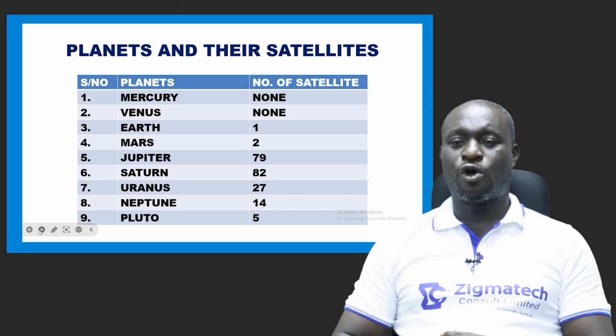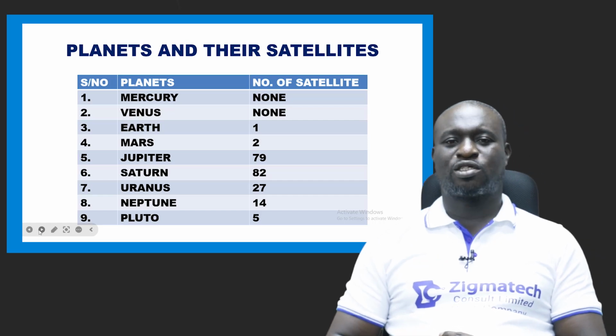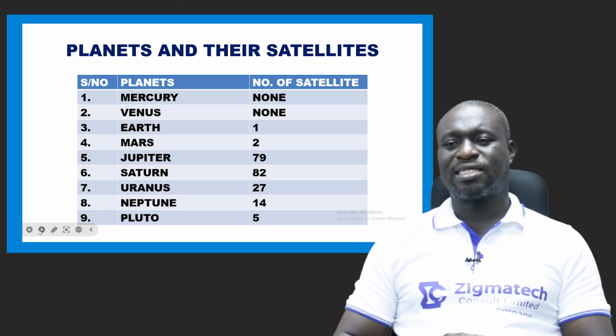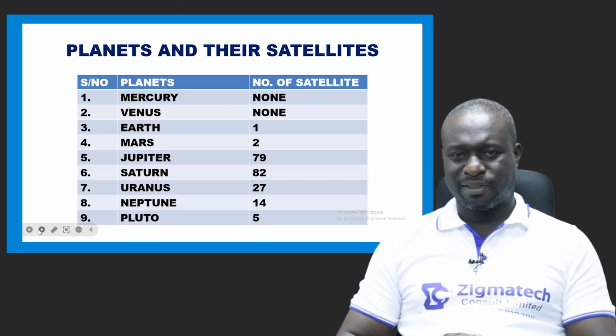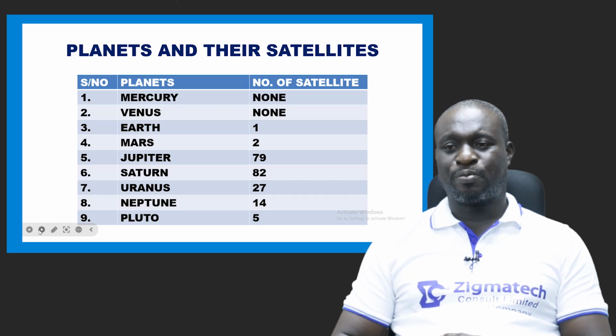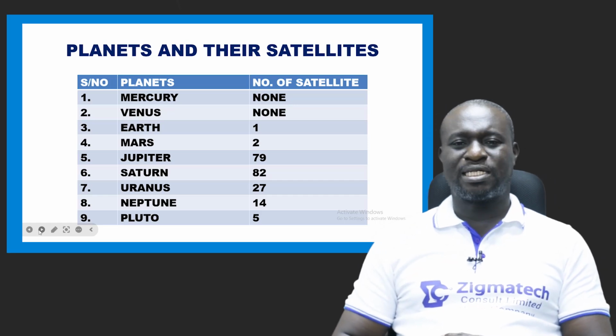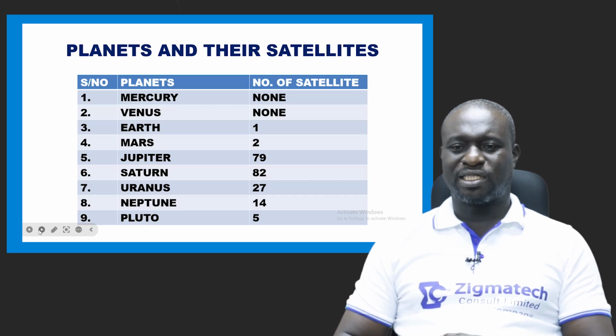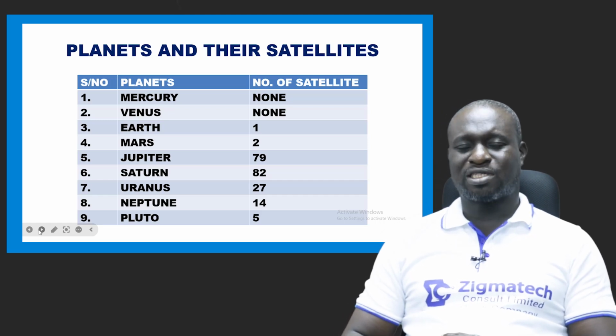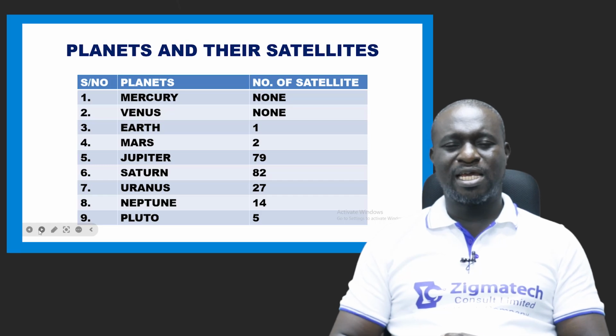And then number 4, we have Mars. Mars, which is the red planet, has 2 satellites. We also have Jupiter, probably the biggest. Jupiter has 79 known satellites. Then we also have Saturn. Saturn has about 82.